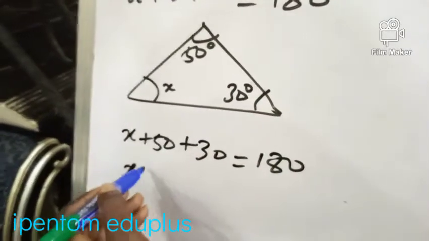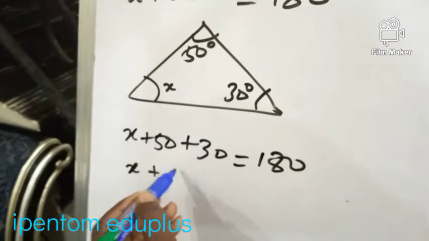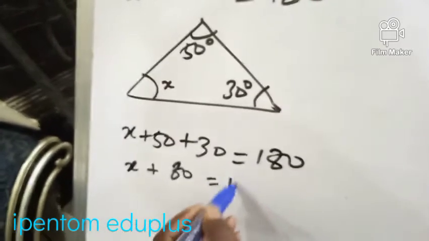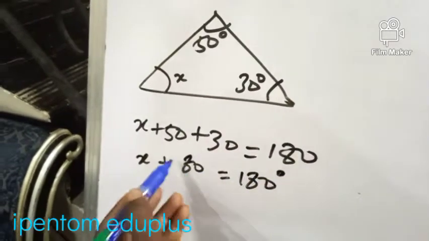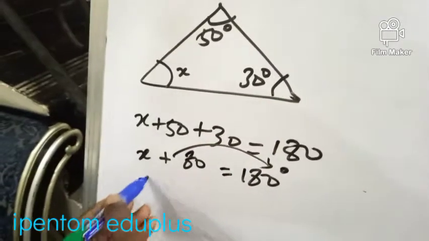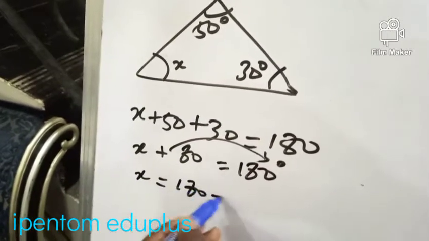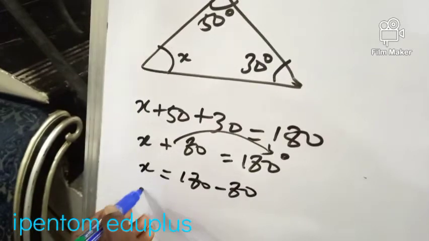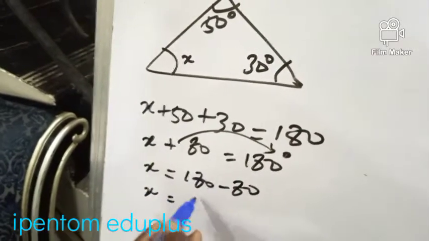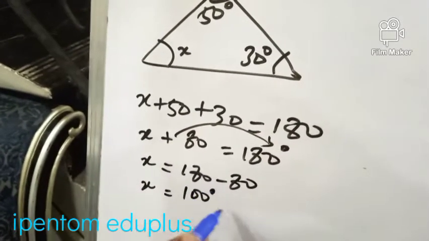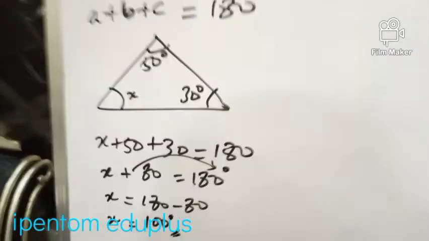If I add these two angles together, we have x plus 80 equal to 180 degrees. So taking this out, I will have x equal to 180 minus 80. Then x will be equal to 100 degrees.